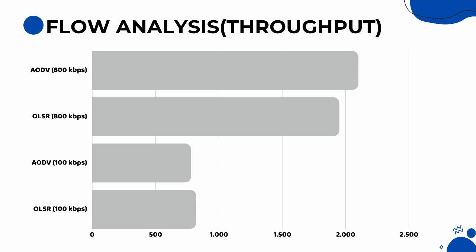This happens because the overhead of OLSR, those constant table update messages, begins to compete with the actual user data. In network stress situations, the reactive protocol ends up being more efficient because it is more silent when it doesn't need to act.